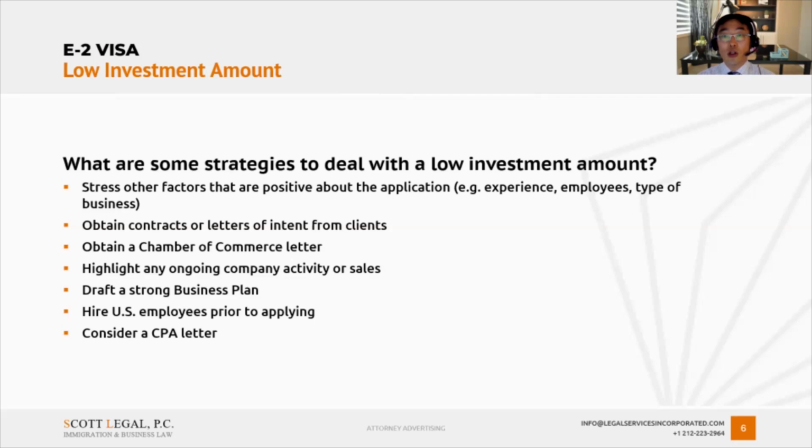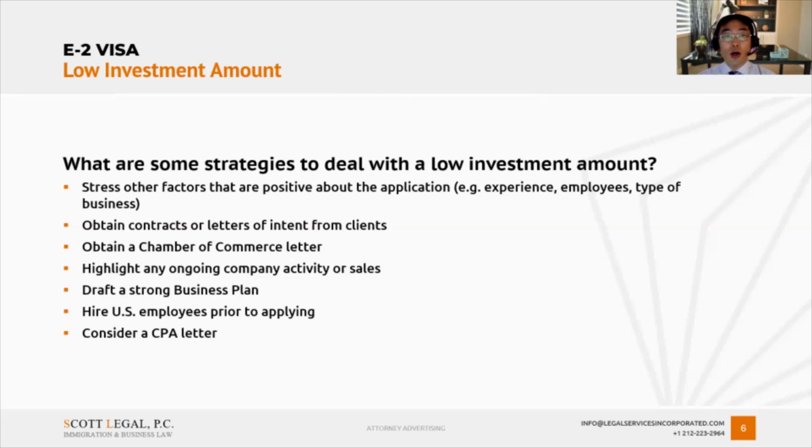A signed contract, MOU, or letter of intent from potential clients can be very useful. You can also get a letter from the local chamber of commerce where your business is located. Such a letter could say that your E-2 business will create jobs and provide value to the community. This kind of support can make a huge difference in a low investment case.